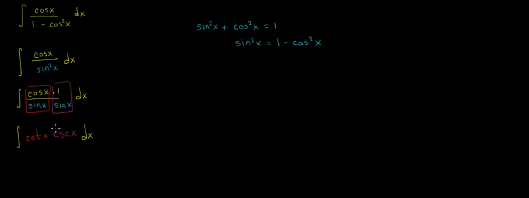Okay, so what that means now is that we need to find a function whose derivative is cotangent of x times cosecant of x. Now, you should know what this is. Hopefully by now you should recognize this, but if you don't, let's think back a little bit. So remember, if I take the derivative d dx of cosecant of x, I get back negative cosecant of x times cotangent of x.